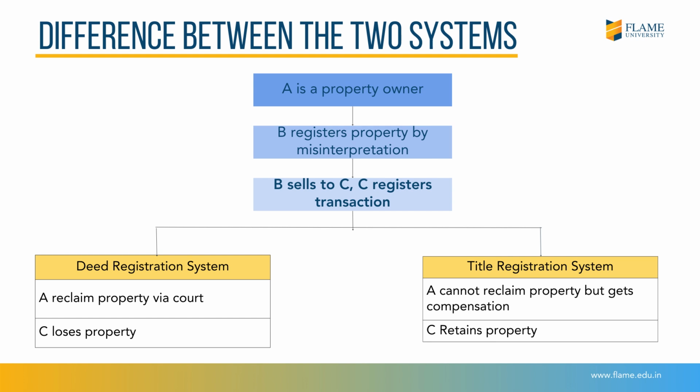However, A can't get back his property in a title registration system. This is so because the title registration system protects a registered owner and a bona fide purchaser. A can claim monetary compensation from the government, but he can't get his property back.